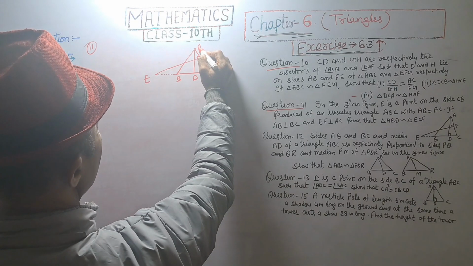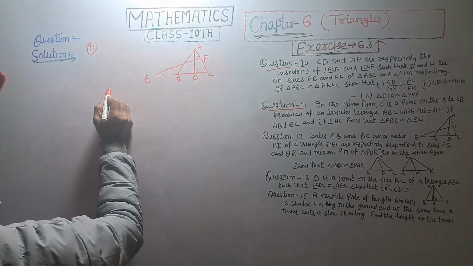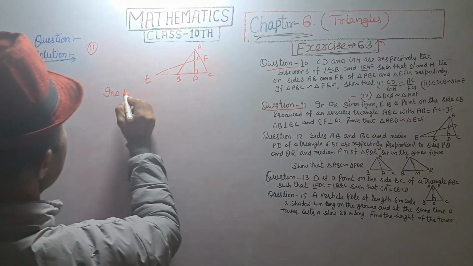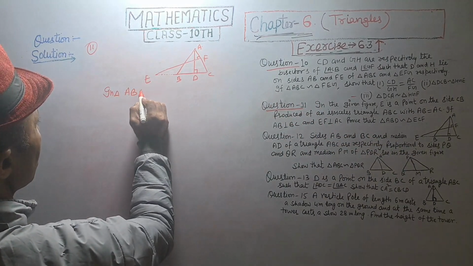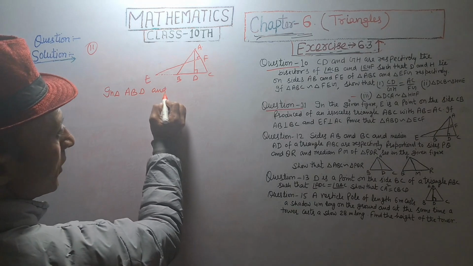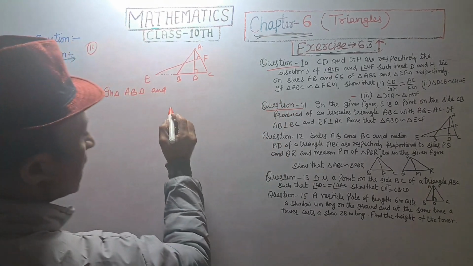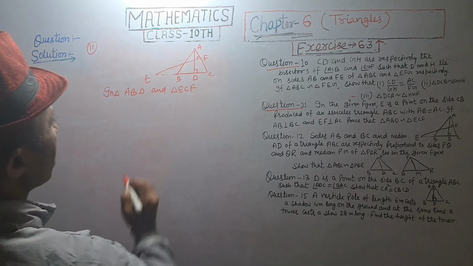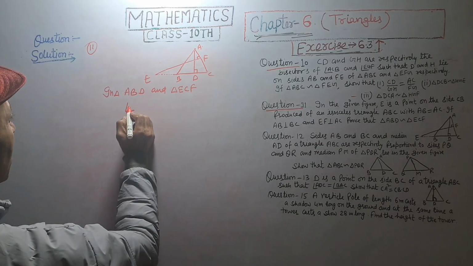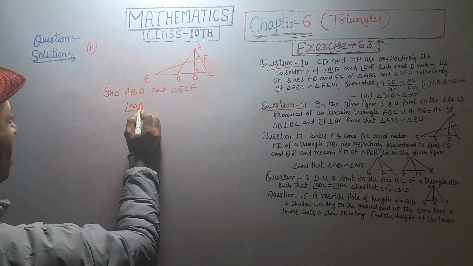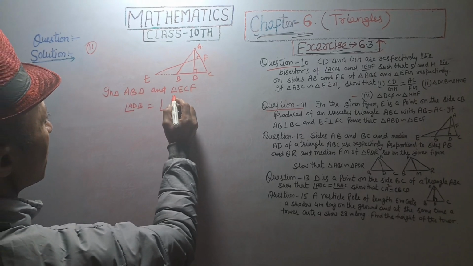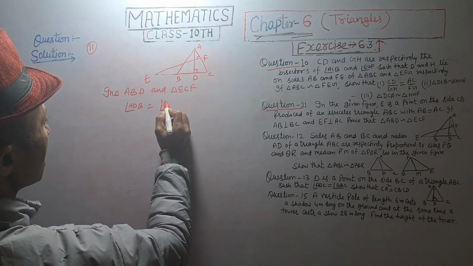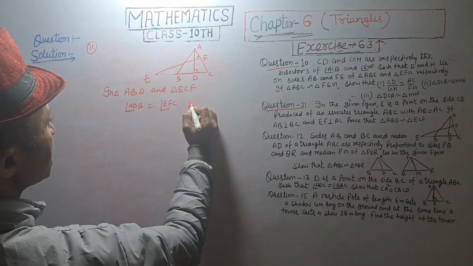C, D, B, E, A. In triangle ABD and triangle ECF, angle ADB is equal to angle EFC, which is 90 degrees.